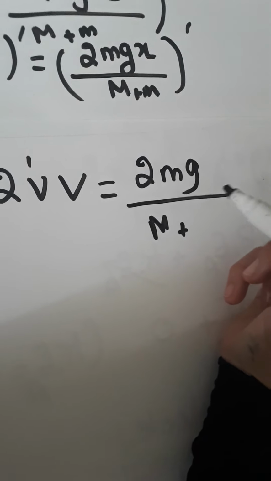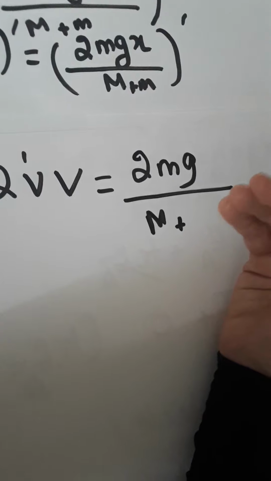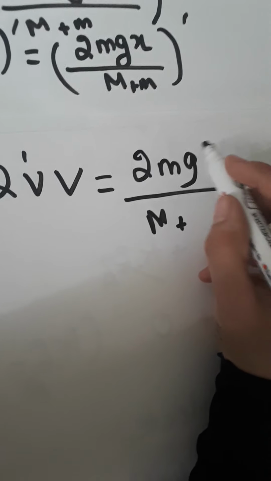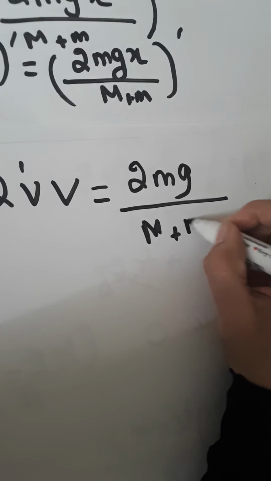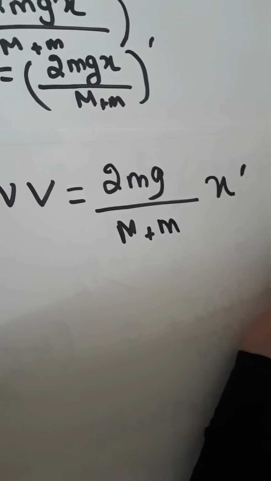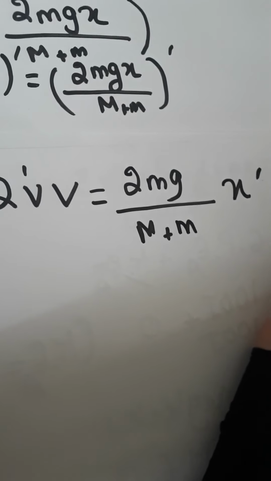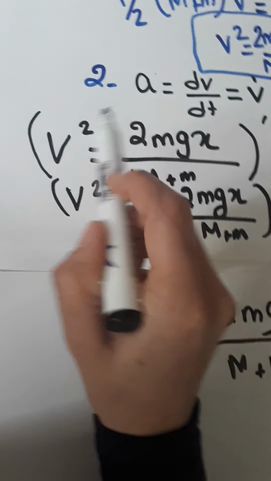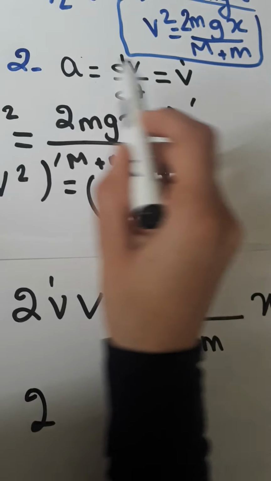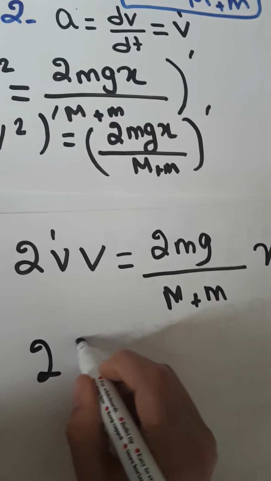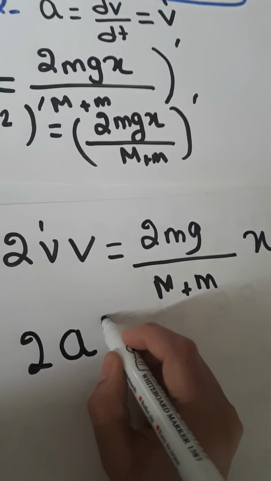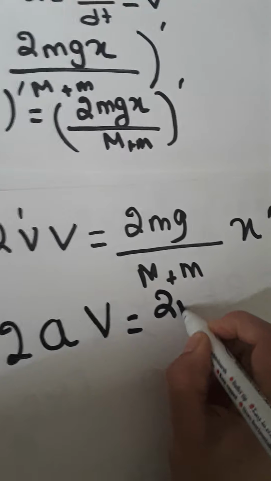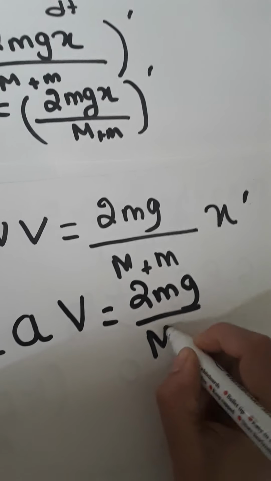Then it's M plus m, x prime. Okay, guys? So here, what is v prime? V prime is a. It's easy, don't worry. Equal to mg over M plus m.